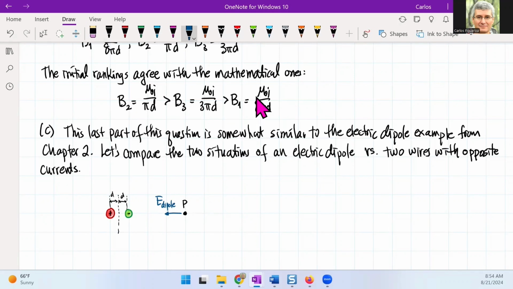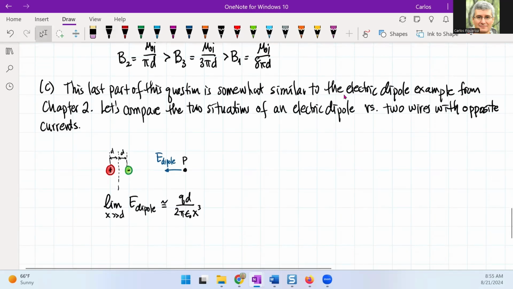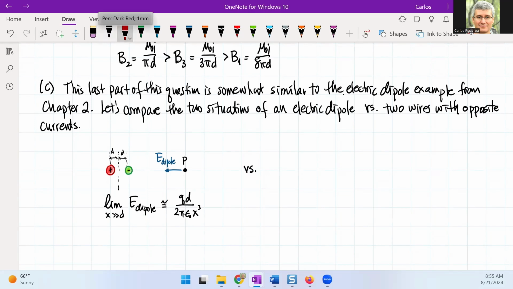So when I look at this situation here, we saw that if we took the limit as x is much, much bigger than d of the electric dipole, and I look at its magnitude, we ended up with a relationship that looked like qd over 2 pi epsilon naught x cubed. So now I want to do the same type of thing here, but with my magnetic fields.